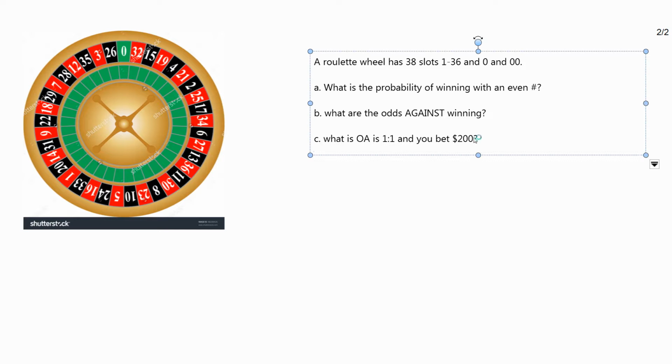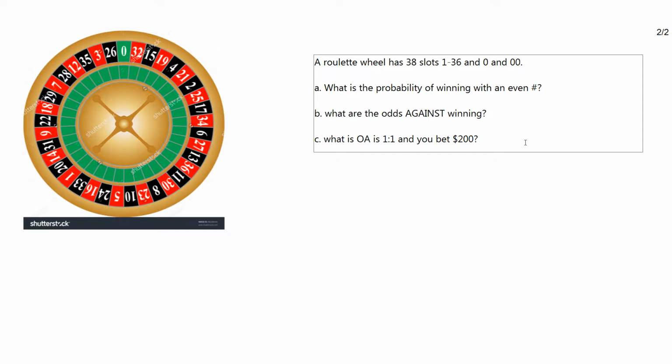And then it's going to ask one more question. C is a stupid question. Okay. D is, if you use your calculated odds, what would you take home with a $200 ticket?